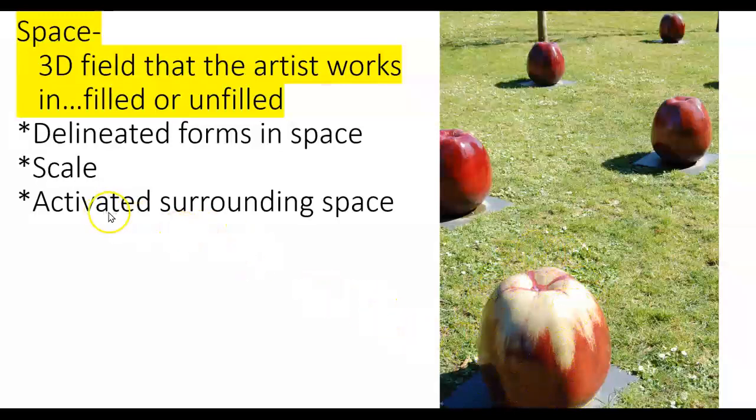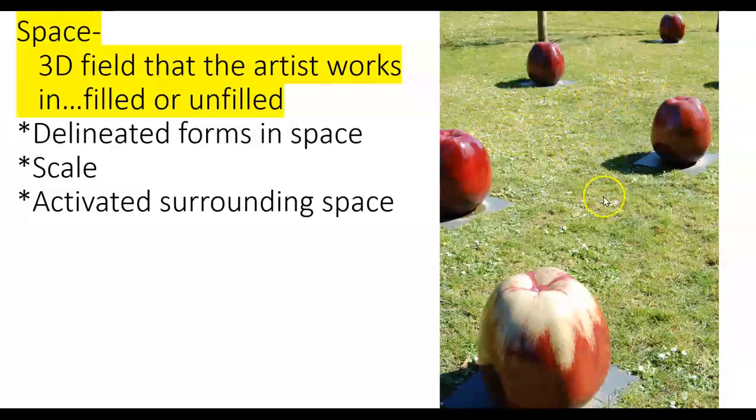Also, something interesting that happens when you have a series of pieces like this is you have activated surrounding space. These individual pieces, you might say that's the work of art.